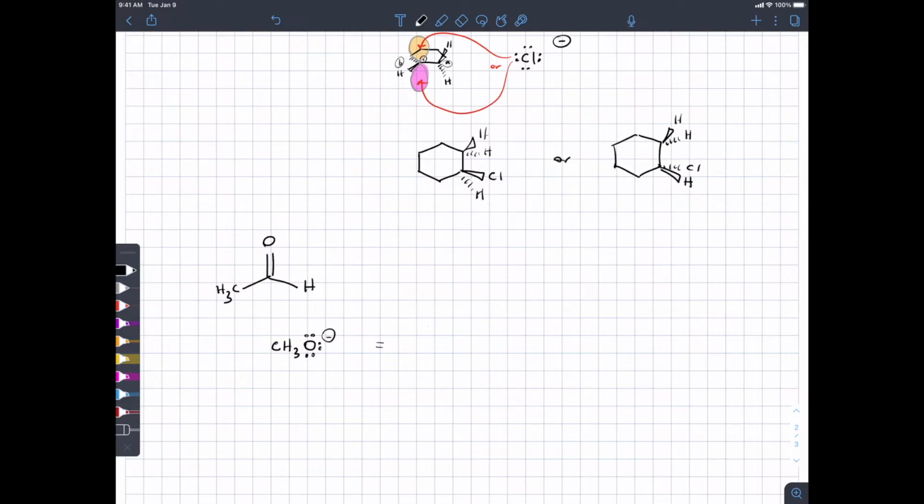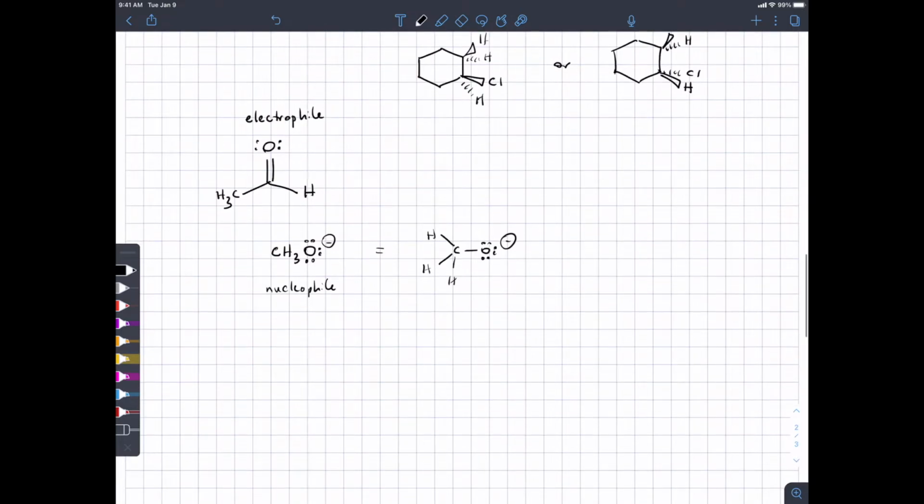I'm abbreviating this, but this is just a methyl group attached to oxygen. It's the conjugate base of an alcohol, okay? And I will go ahead and tell you that the negatively charged thing is the nucleophile and that the carbonyl compound here, the one that has a carbon-oxygen double bond, is an electrophile.